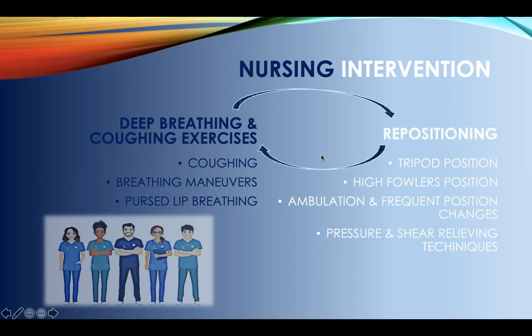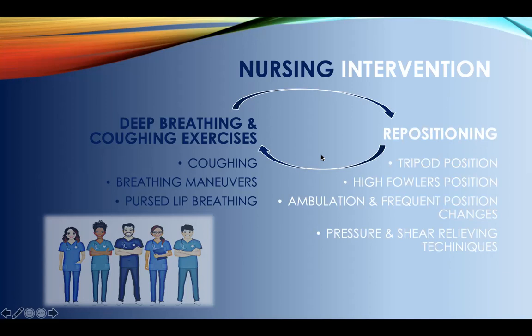Abdominal contents cannot push upward and obstruct lung expansion when you're sitting upright. In this position, the lungs expand more, and the air exchange is enhanced. Using tripod position and pursed-lip breathing reduces the amount of work required to breathe, as well as number of calories and oxygen consumed.